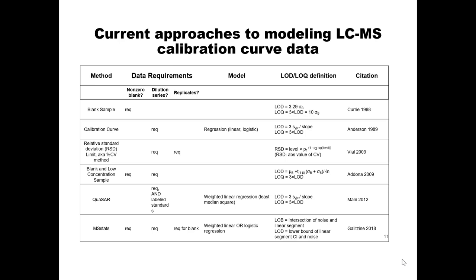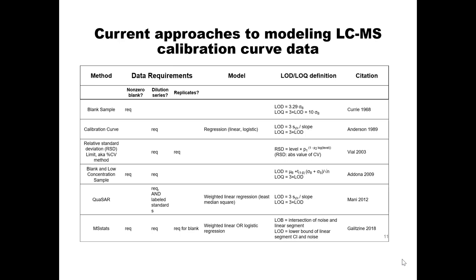In the middle here are some of the data requirements that these methods assume your curve data includes. Over here is the statistical model. Some of these use statistical models, like what kind of line they use to fit the data. Over here is what the method defines as the LOD and LOQ, and then finally a citation, so you can read more in your unproductive time.